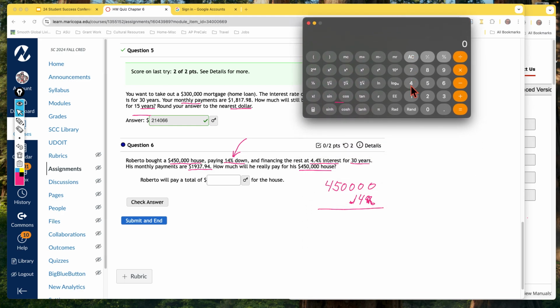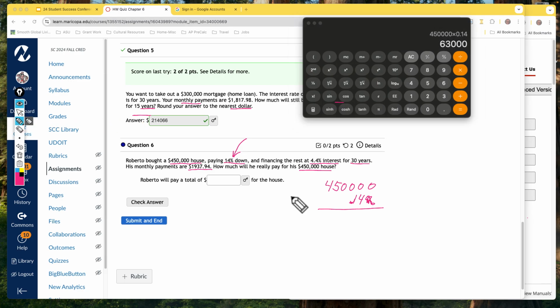If you have a percent key, you could do 14%, or just enter 0.14, because that's 14% divided by 100, right? 63,000 was the down payment. Okay, so he paid that cash.